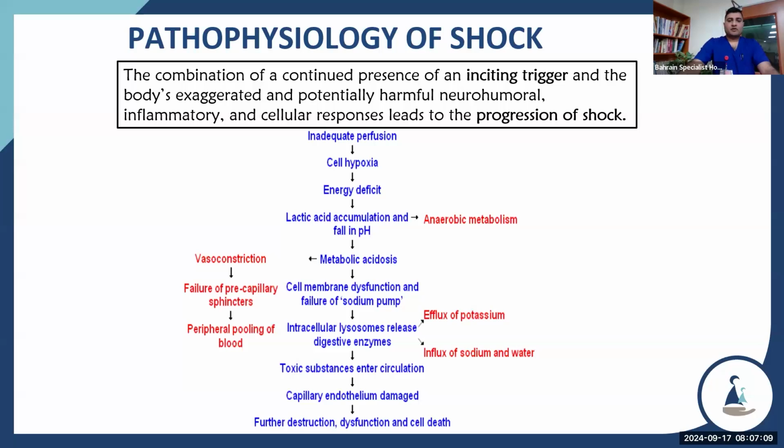For example, inadequate perfusion leads to cell hypoxia and energy deficit, leading to lactic acid accumulation and fall in pH, which starts anaerobic metabolism, which leads to metabolic acidosis, which causes vasoconstriction, failure of precapillary sphincters, and peripheral pooling of blood can happen. Cell membrane dysfunction and failure of the sodium pump lead to intracellular lysosome release of digestive enzymes, which causes efflux of potassium and influx of sodium and water. Toxic substances enter circulation, capillary endothelium is damaged, causing further destruction, dysfunction, and cell death.